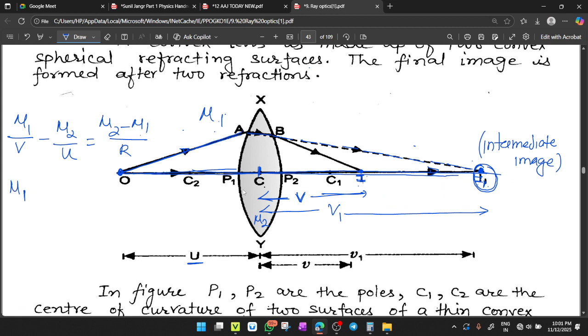Yes, the first medium is mu1, no problem. What is V? V is here V1, the image distance equals V1. So in place of V there will be V1, minus mu2 upon U. U is leftward, so you have to place it as minus U: mu2 upon minus U equals mu2 minus mu1 upon R1.